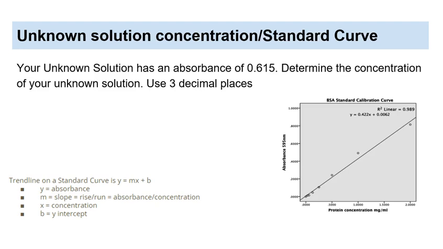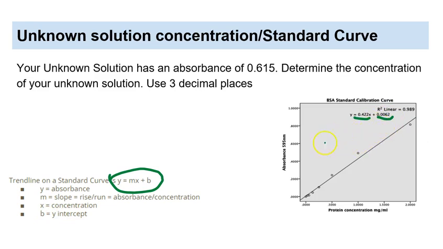The equation for the straight line on this standard curve is y equals mx plus b, where y is the absorbance of our unknown solution, and m is the slope, the rise over run, which drawing this standard curve is going to give us. So this number is given, and then x is the concentration, b is the y-intercept, and we can also get this number through drawing this standard curve.